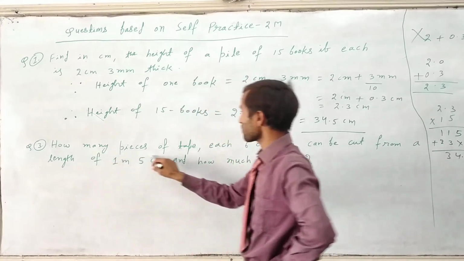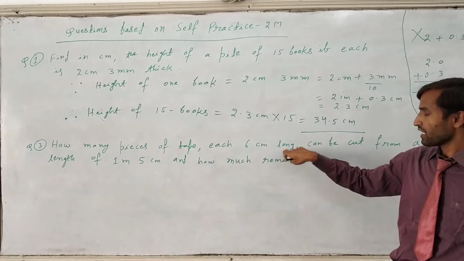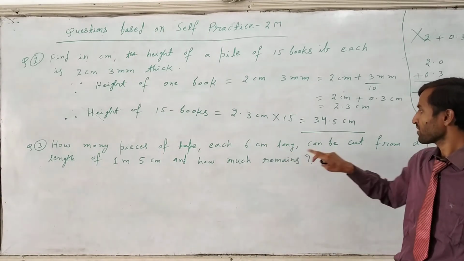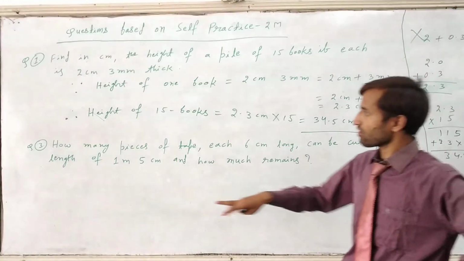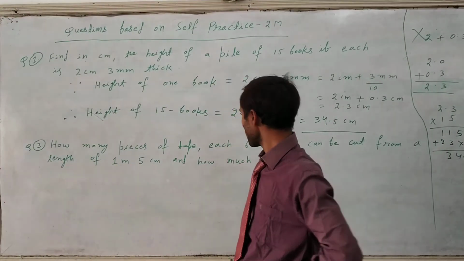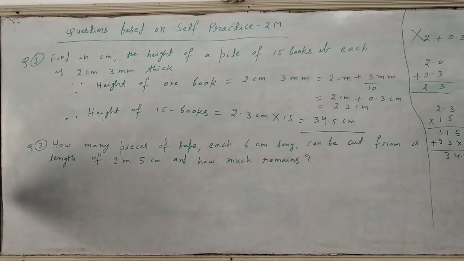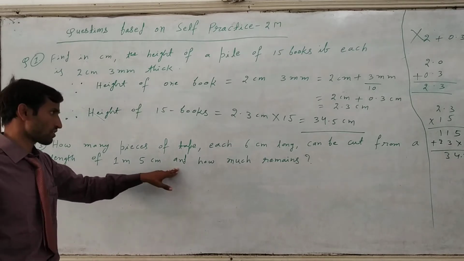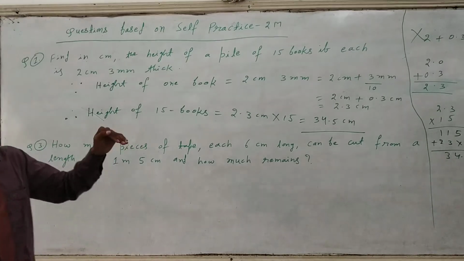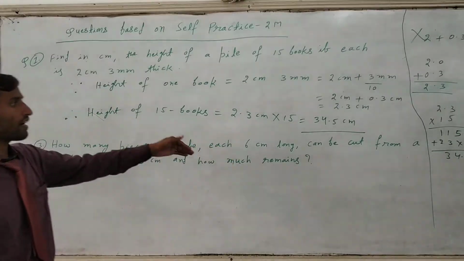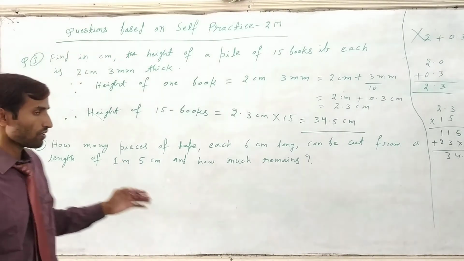How many pieces of tape, each 6 cm long, can be cut from a length of 1 meter 5 cm, and how much remains? In this we have to find how many pieces we can make from this length, where each piece has length 6 cm, and after that we also have to find the remaining part, means how much will remain.